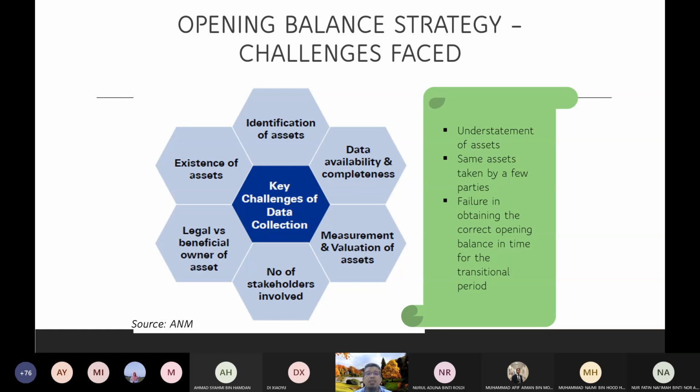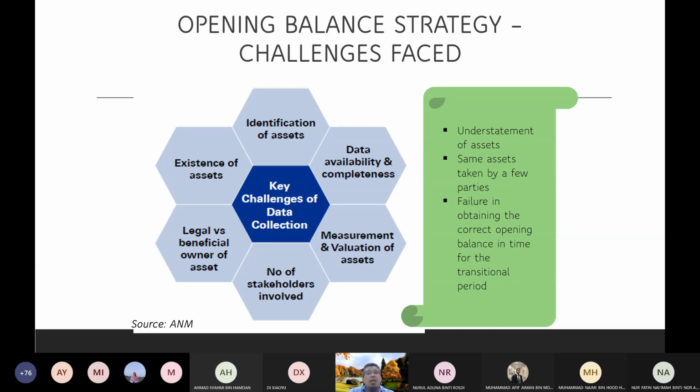Measurement and valuation of assets, and the number of stakeholders involved: the legal and beneficial owner of the asset can be an issue as well. They may use the asset and get the economic benefits, and that can trigger recognition, but who is the owner of the asset? Existence of assets: it is in the fixed asset register, but do all these assets physically exist?